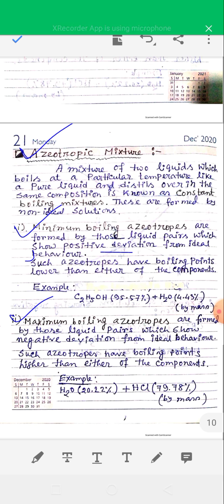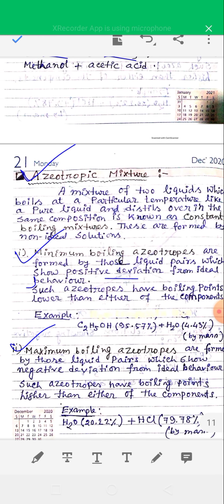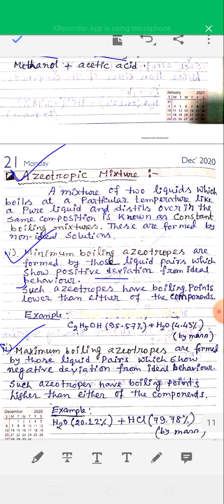An example of such maximum boiling azeotropes: a mixture of water and HCl, 20.22% water and 79.78% HCl. This mixture acts as a maximum boiling azeotropic mixture.